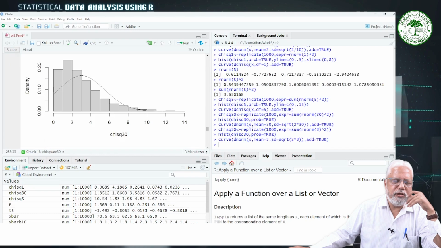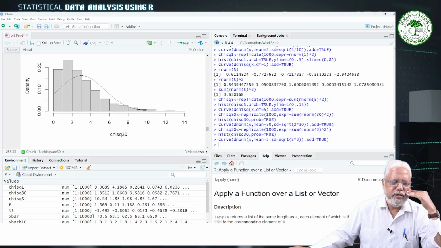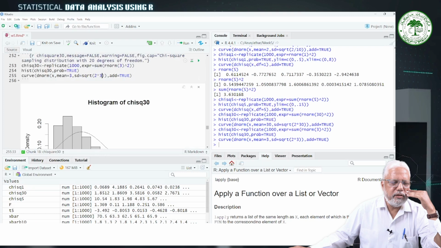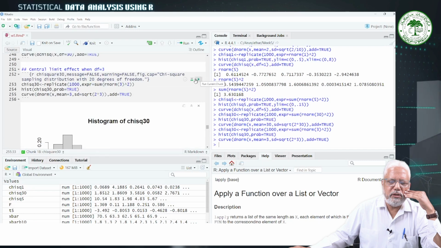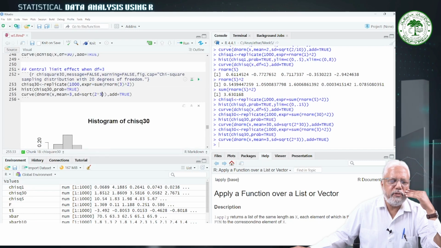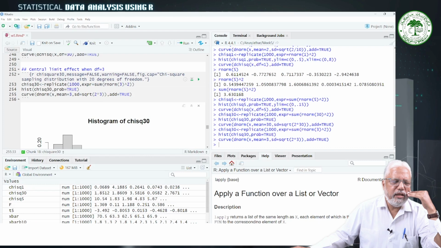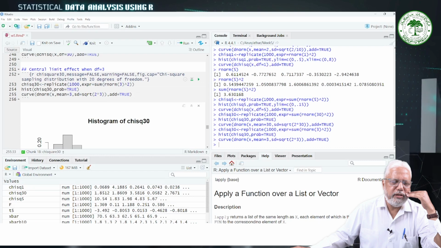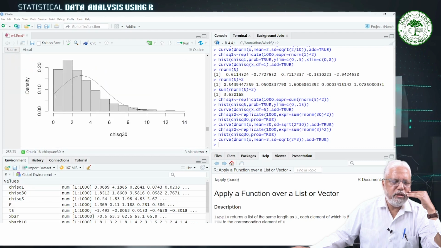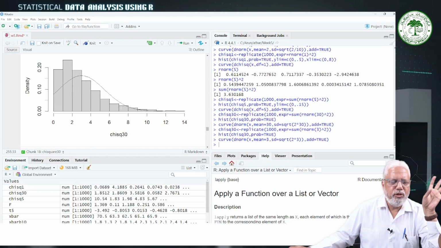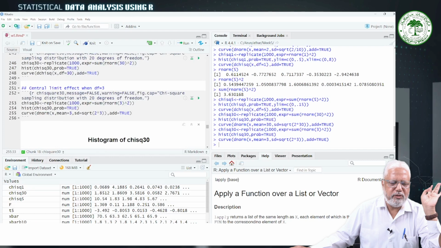See, here situation is more bad, because central limit theorem says that if degree of freedom approaches infinity, then only this chi-square distribution can be approximated by a normal distribution. But here degree of freedom is very small, and that's why we are getting here this is the normal distribution and this is the chi-square distribution with 3 degrees of freedom. So there is no match. It is very bad approximation.